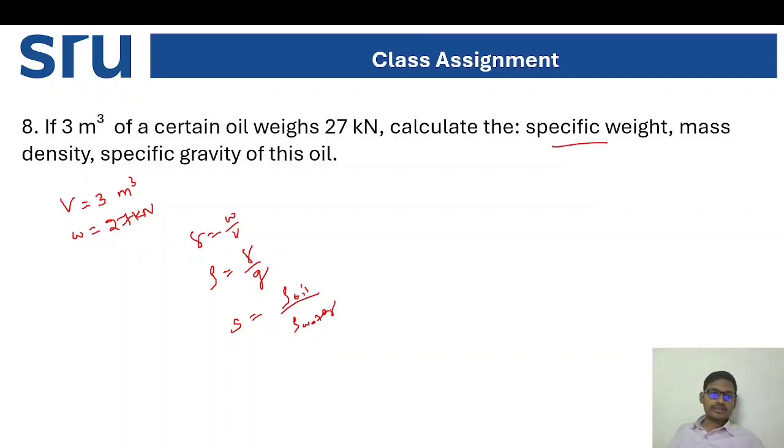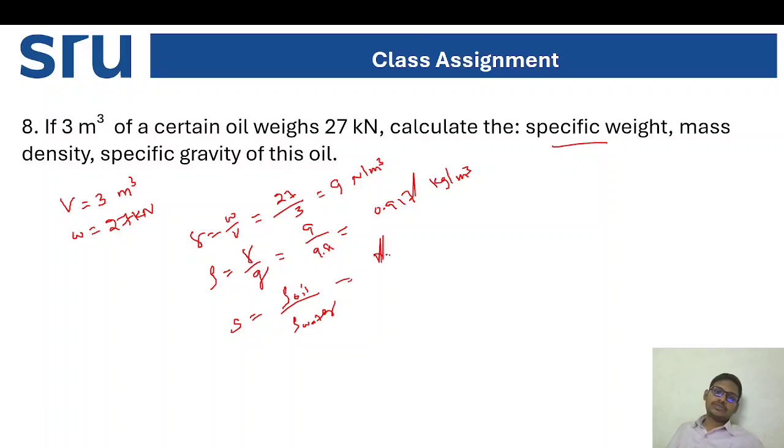Okay, let's solve it. Some people can pause the video and solve it, otherwise I will solve it. Weight equal to 27 by 3, that is equal to 9 Newton per meter cube. And again 9 divided by 9.81, that we will get as 0.917 kg per meter cube.